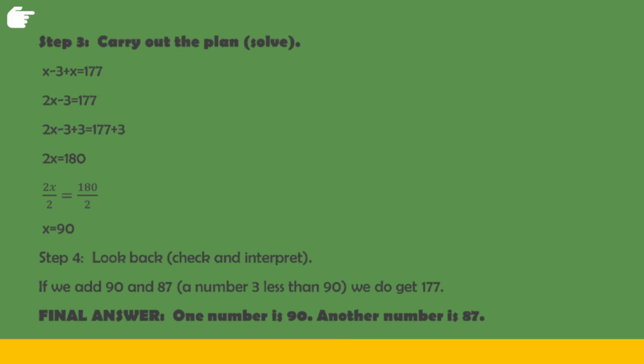And for step 4, to look back or check and interpret, if we add 90 and 87, a number 3 less than 90, we do get 177. So if you apply the answer that we got to the given problem, it will jive with that statement. So the final answer: the one number is 90 and the other number is 87.